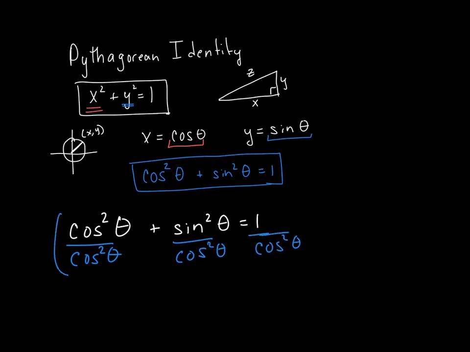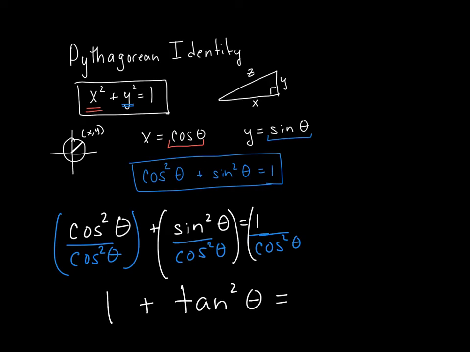Well, cosine over cosine is just equal to 1. For the next piece, the sine squared over the cosine squared is the same thing as the tangent squared of theta. And the last one, 1 over the cosine squared, is equal to the secant squared of theta.